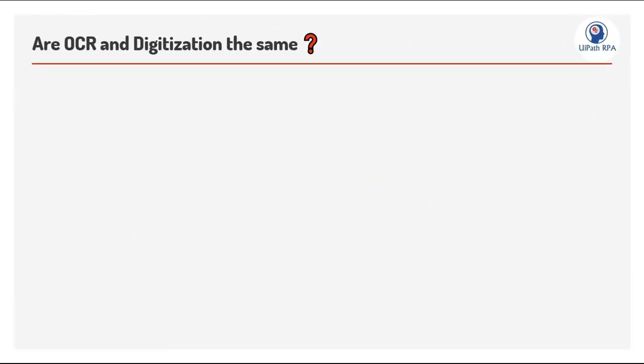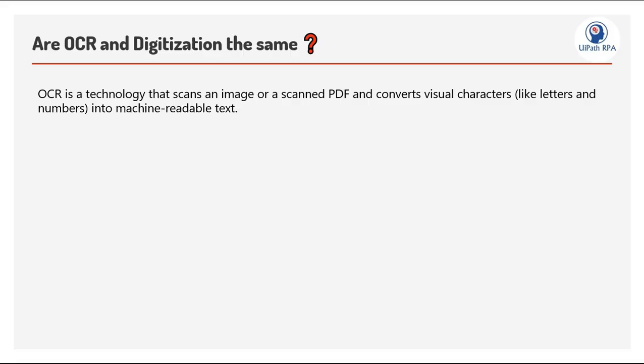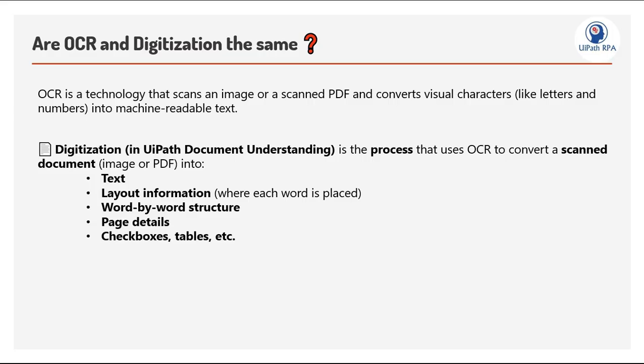Now, the question arises, are OCR and digitization the same? Answer is no. Because OCR is just a technology that scans images or scanned PDFs and converts visual characters, like letters and numbers, into machine readable text. But digitization in UiPath Document Understanding is the process that uses an OCR engine to convert scanned documents into text, layout information, word by word structures, page details, checkboxes, tables, etc. So you got it.